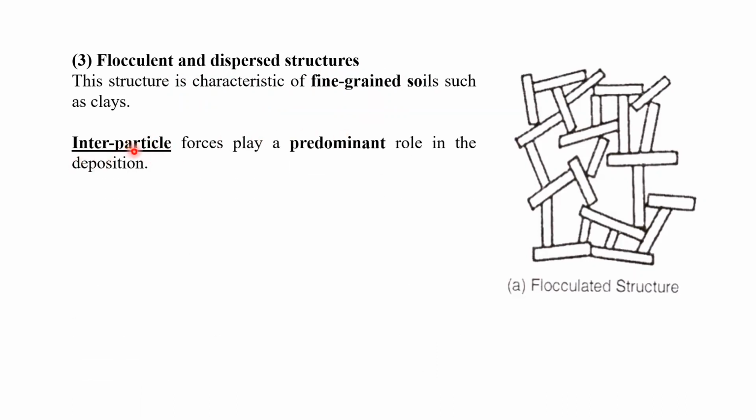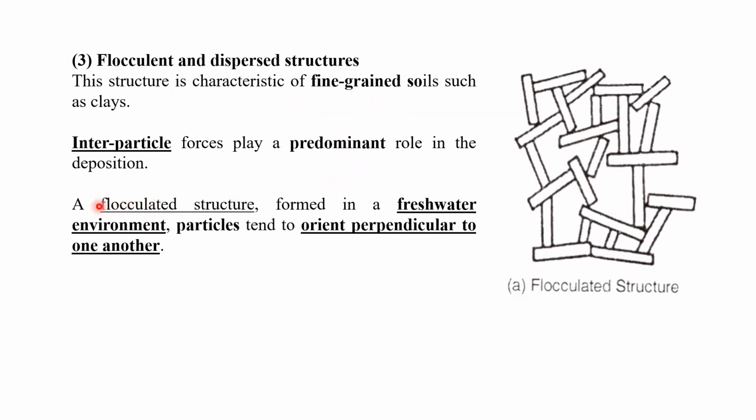As we know, interparticle forces play a predominant role in case of fine grain soil. A flocculated structure is formed in a freshwater environment. Suppose in a freshwater environment, the soil is going to be deposited by the river, right?